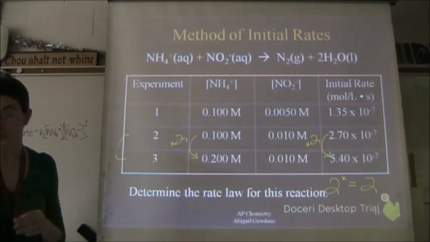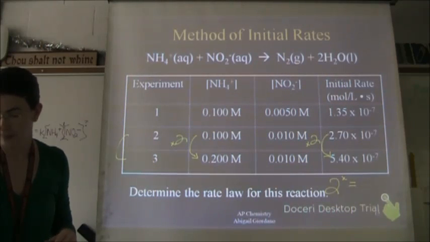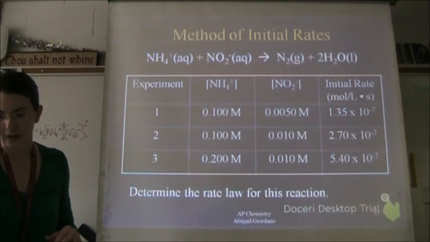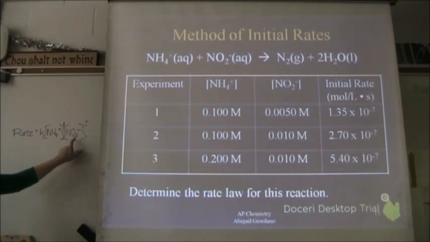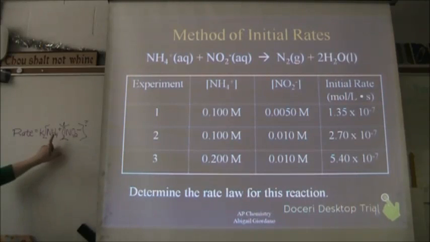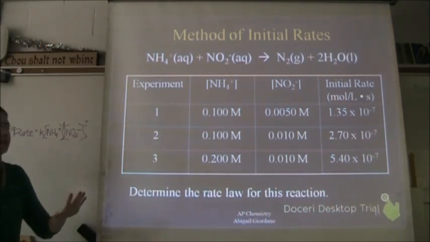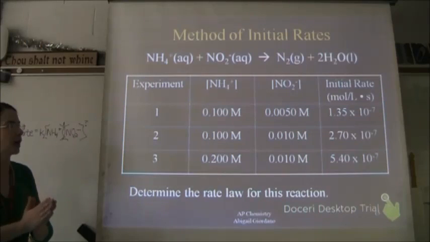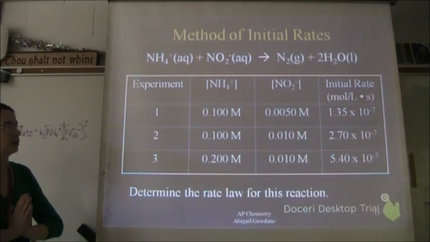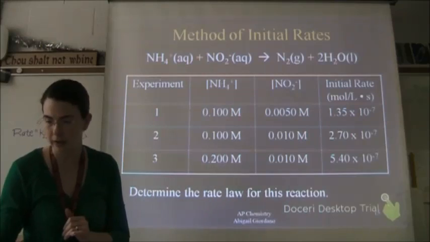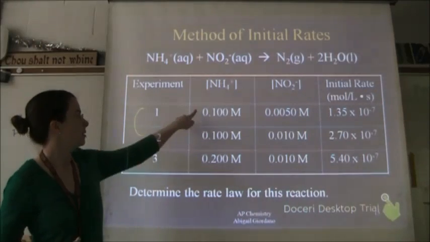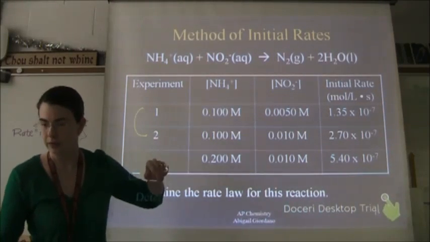Let's look at the other reactant. Okay? Now this one is my independent variable. So I need this one to change, but I need all else, my other reactants, to remain constant. Which two lines should I compare here? 1 and 2, sounds good. Stays constant, has to.